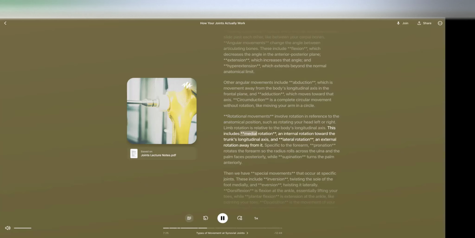This includes medial rotation, an internal rotation toward the trunk's longitudinal axis, and lateral rotation, an external rotation away from it. Specific to the forearm, pronation rotates the forearm so the radius rolls across the ulna and the palm faces posteriorly, while supination turns the palm anteriorly.